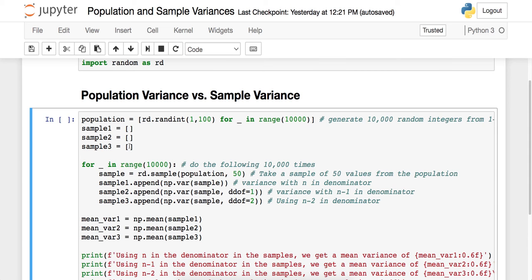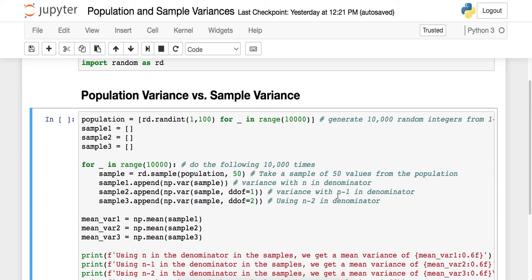And what we're going to do is take the mean of each of those lists. So again, in each one of these lists, we're going to put variances, and then we're going to find the mean of each of these lists. And what we'll find is that the mean of the variance with n in the denominator for the sample is going to underestimate what the actual variance of the population is.